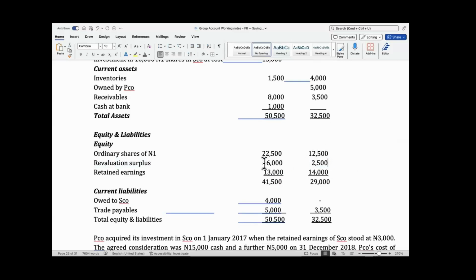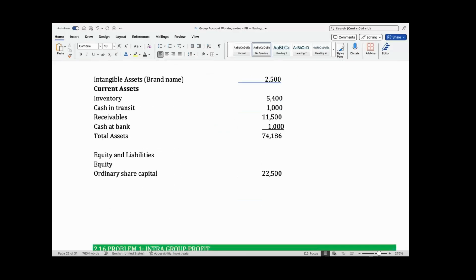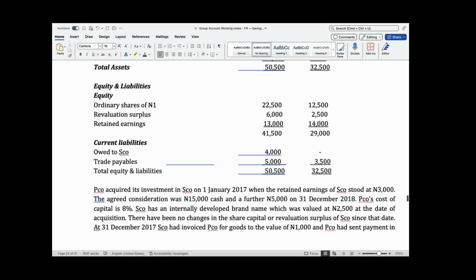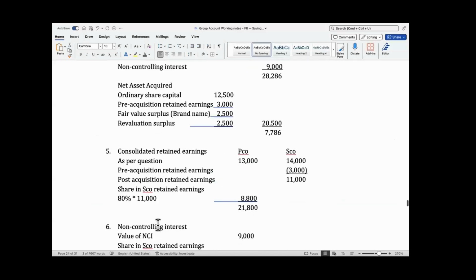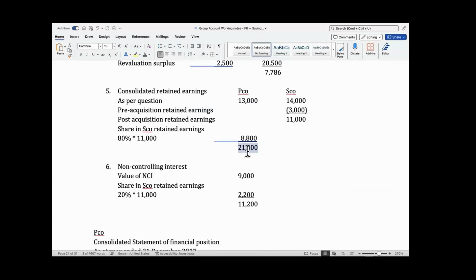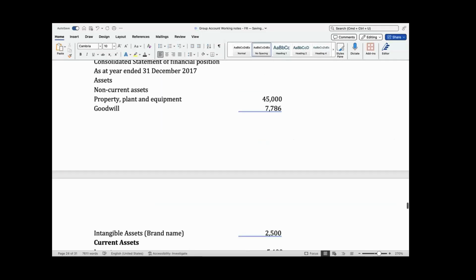This has been cancelled out, so we are left with this 6,000. Then these retained earnings, we already set up our workings for that here, and we are having 21,800 for consolidated retained earnings.